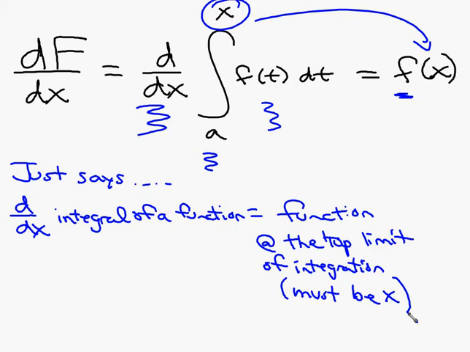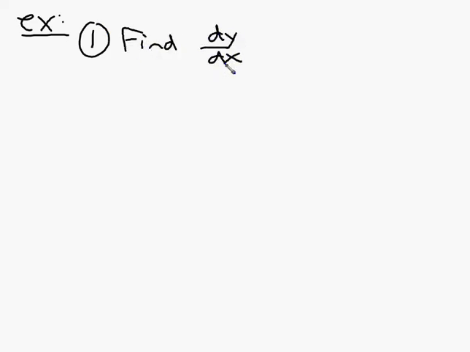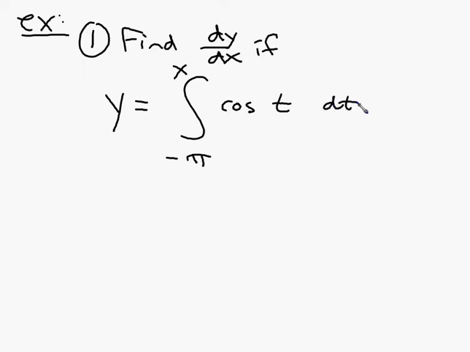So, real quick example using this fundamental theorem of calculus. Just a very basic example. Let's, number one, let's find dy dx if y equals the integral from negative pi to x of the cosine of t dt.